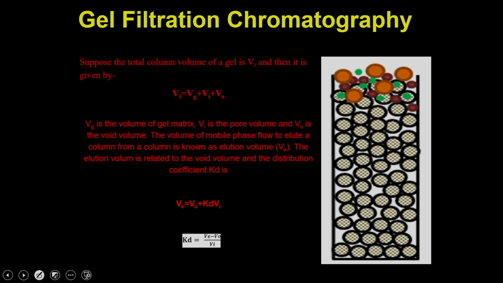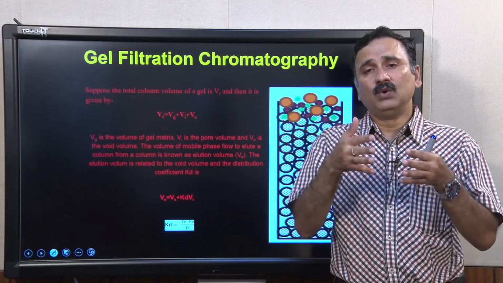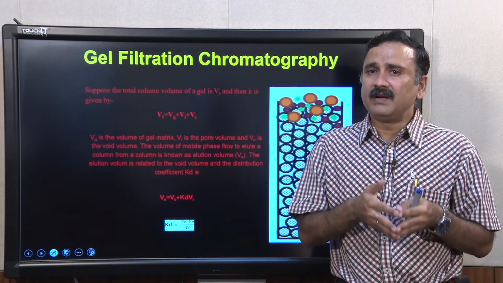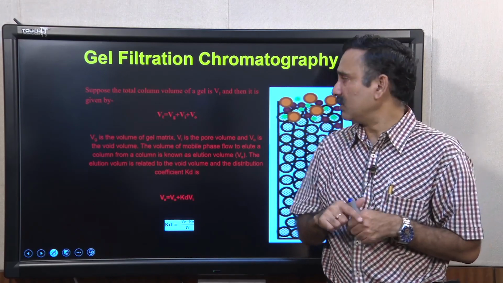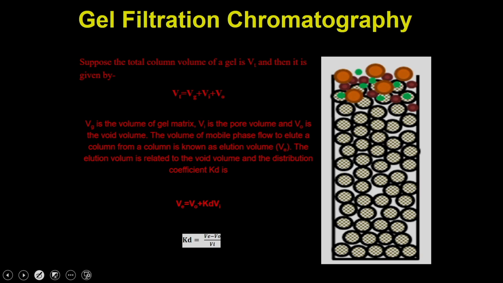Now, if you would like to exploit and utilize gel filtration chromatography, you have to understand the different parameters which are associated with it. When you pack a column, you are going to use the gel material, and the total amount of the gel, suppose it is Vt, then Vt is equivalent to Vg plus Vi plus Vo. So, what is the Vg?